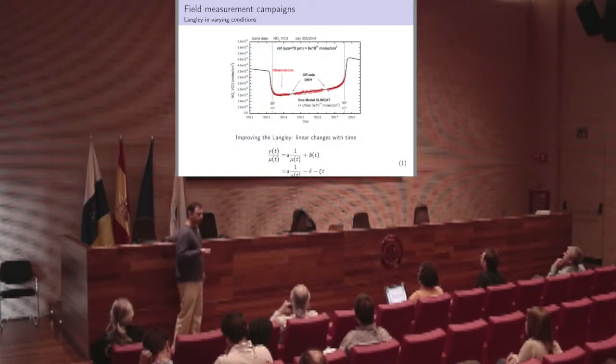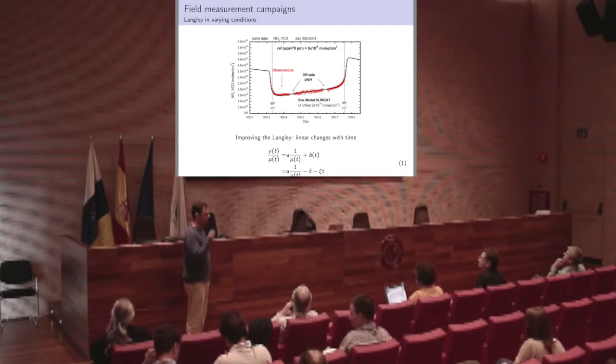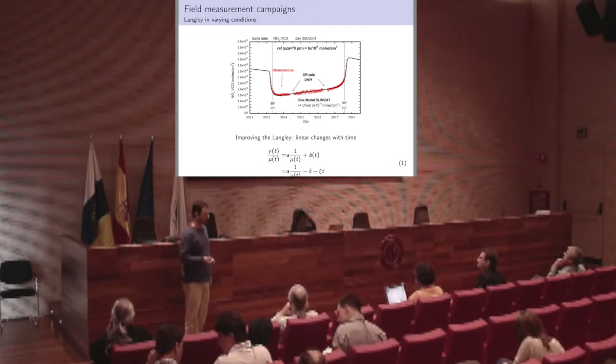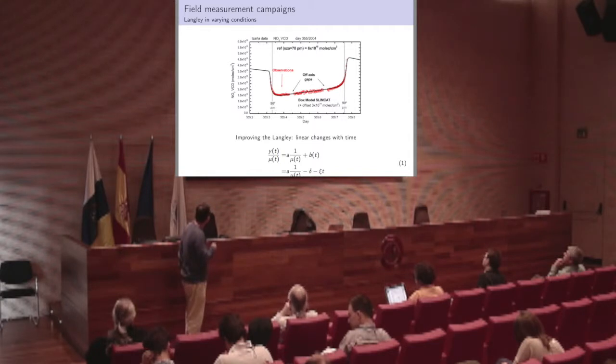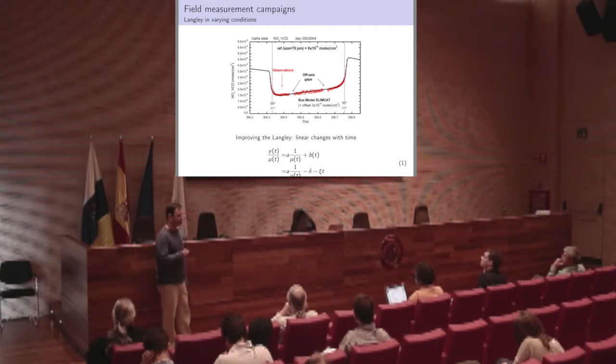Here, the problem is the Langley plot, as I said before, because you have a variable absorber. And in the literature, this issue was solved by using really complex photochemical models and modifying the air mass factors according to the photochemistry. I prefer to adopt a much simpler approach based on the fact that the daily increase of the nitrogen dioxide is linear with time within about 80 degrees of solar zenith angle.